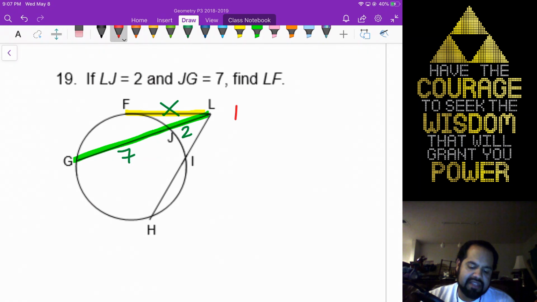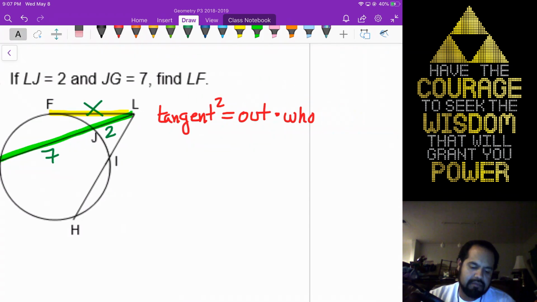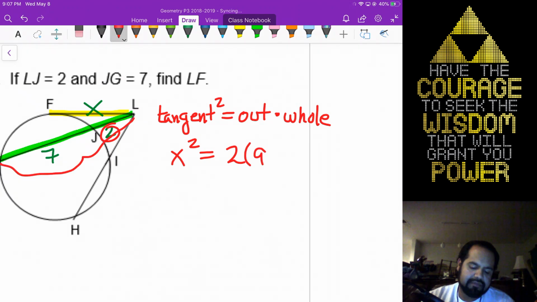So remember we say that it's the tangent squared equals outside times the whole. Okay, so now here we're going to say tangent squared, which is in this case x squared, equals the outside, which is 2, times the whole length, which is 9. So we're going to have 18.